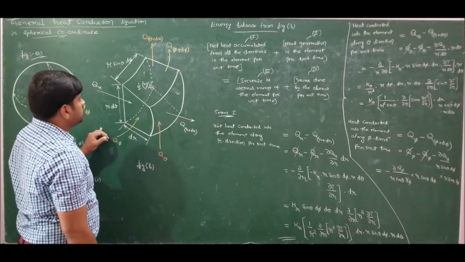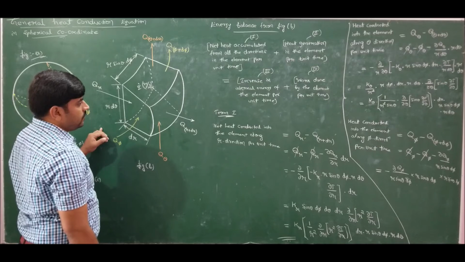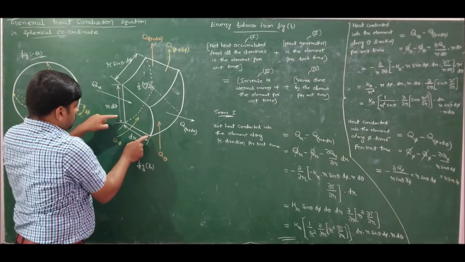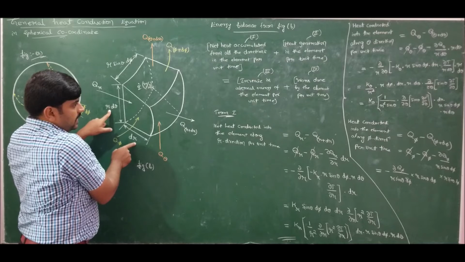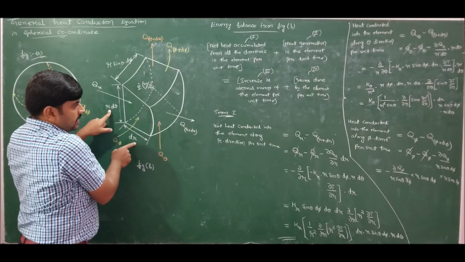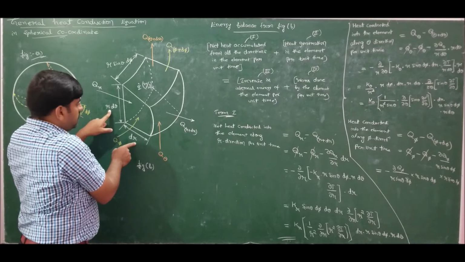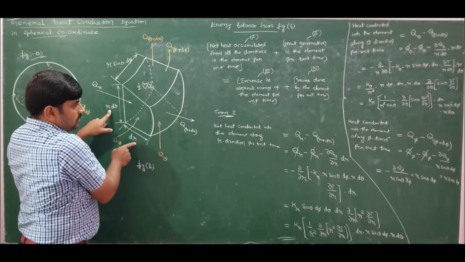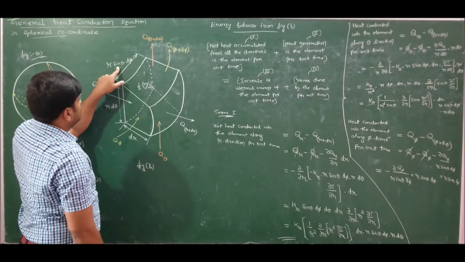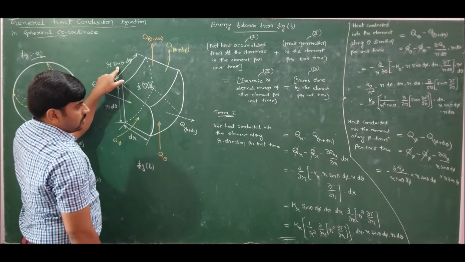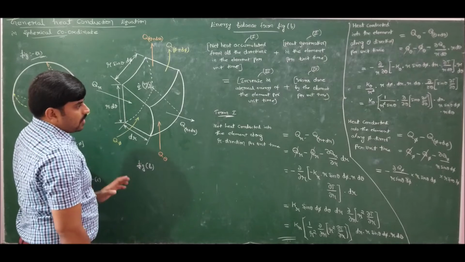minus k phi. The area perpendicular to the direction of heat flow in the phi direction is dr times r d theta. I can take out dr times r d theta, dou T by length. The length is again r sin theta d phi. So directly I will get the volume outside.